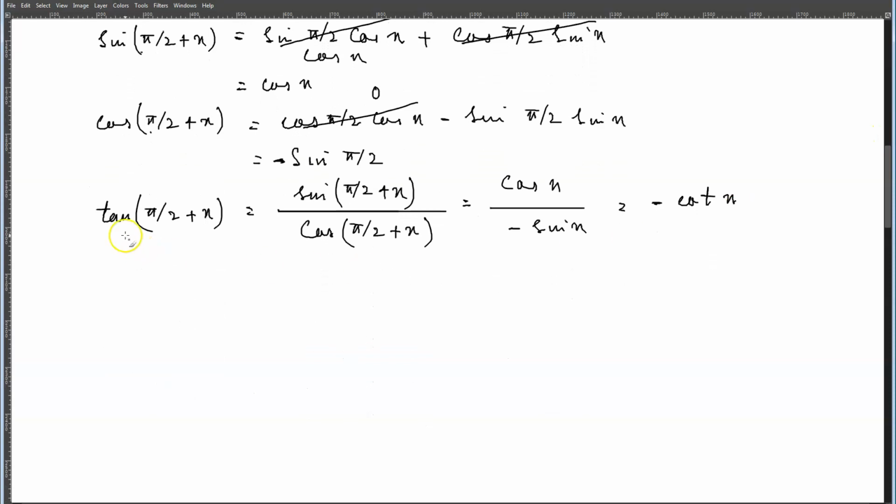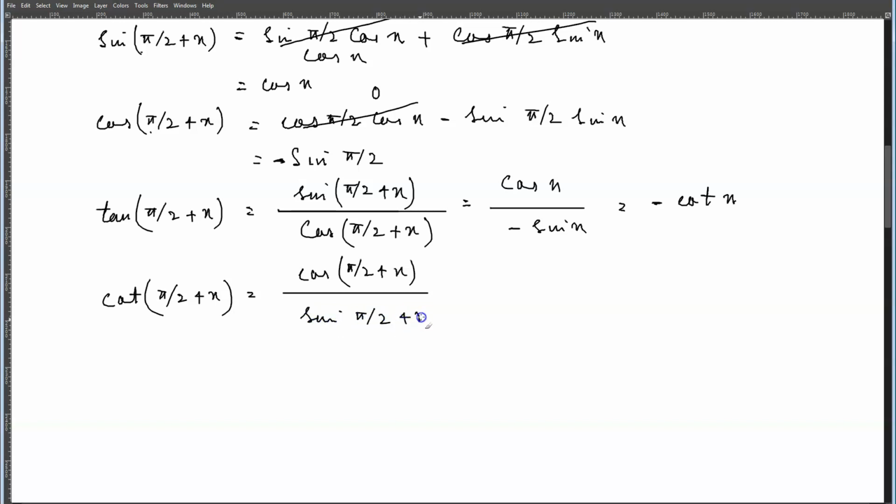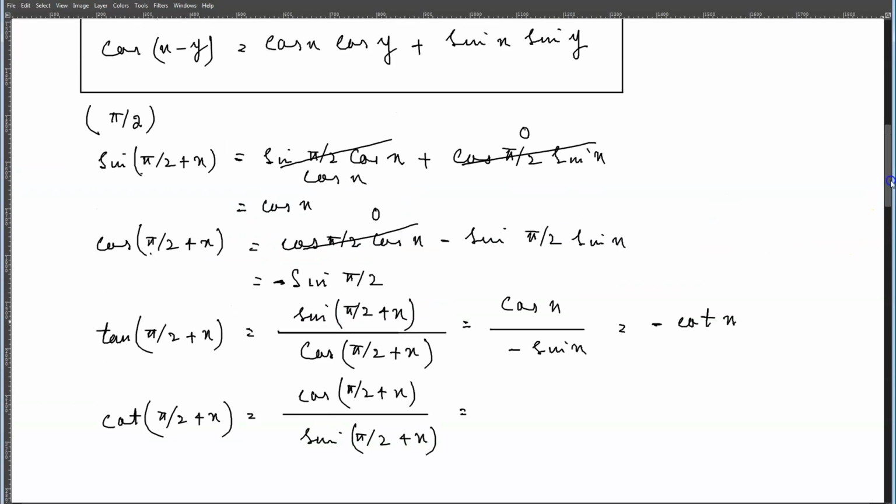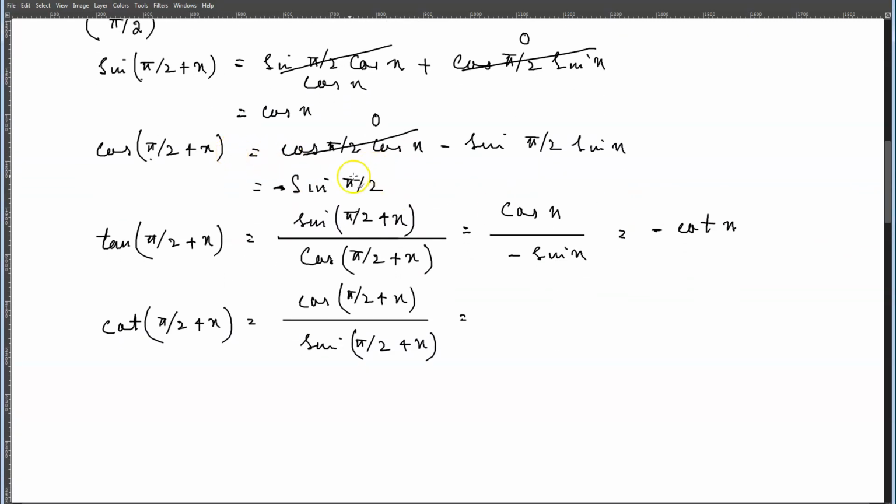The next thing that we have is the cot of pi by 2 plus x. The cot of pi by 2 plus x is equal to the cos of pi by 2 plus x over the sine of pi by 2 plus x, which is equal to, again, the cos of pi by 2 plus x, which is negative sine x.